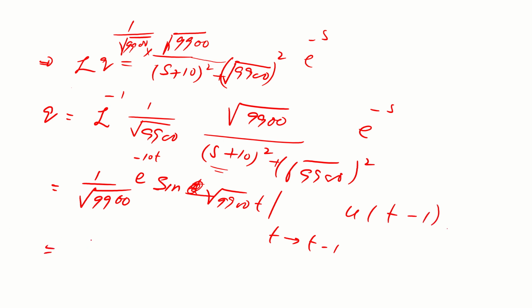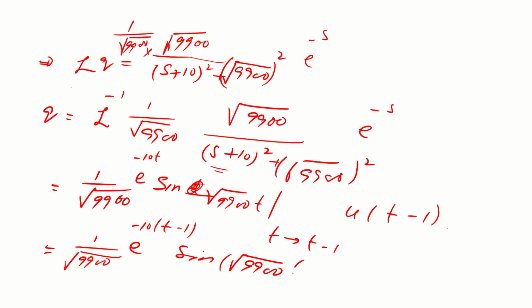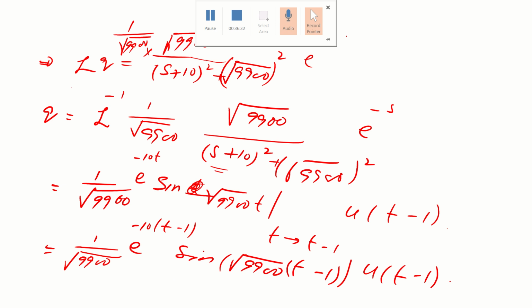So altogether we have 1 over under root 9900 e power minus 10 into t minus 1, sine under root 9900 t minus 1, u(t minus 1). But voltage is what?